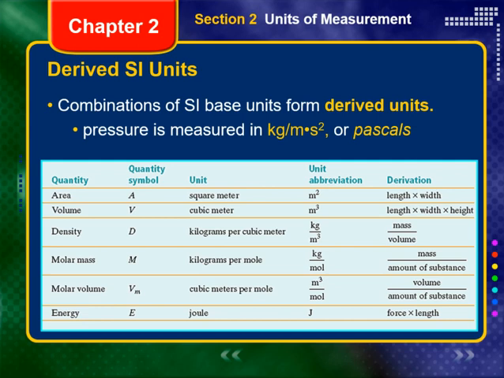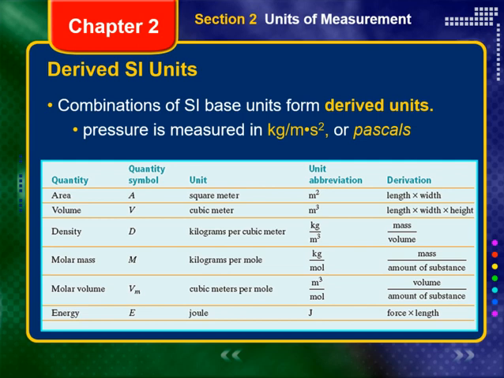If both length and width are expressed in meters, the area unit equals meters times meters, or square meters, abbreviated lowercase m squared. The last column in Table 2-3 here shows the combinations of fundamental units used to obtain derived units. Some combinations of units are given their own names.